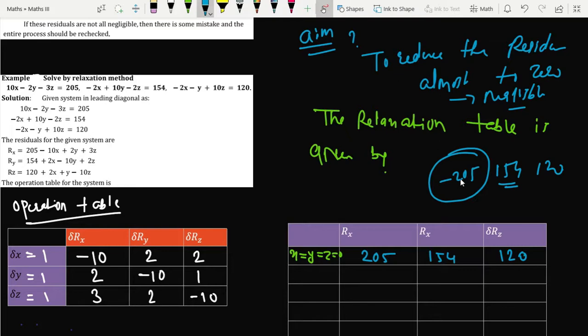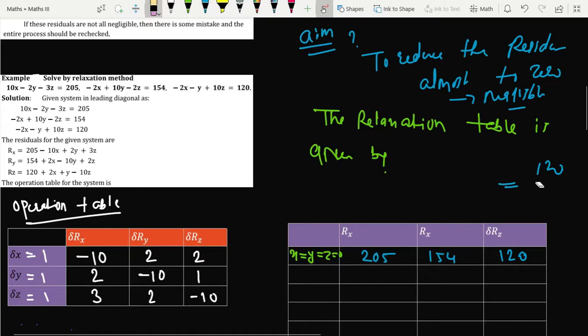We have to reduce the maximum residual to 0 and continue this process until all the residuals are equal to 0. So let's start the relaxation table and find the solution of the given problem. First, we find the maximum value of the residuals. Rx is 205, this is Ry.